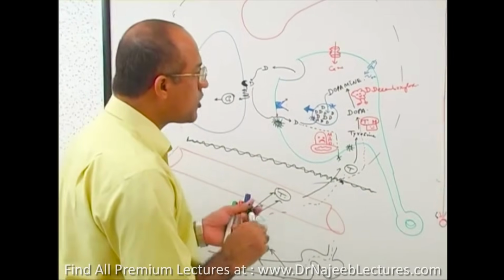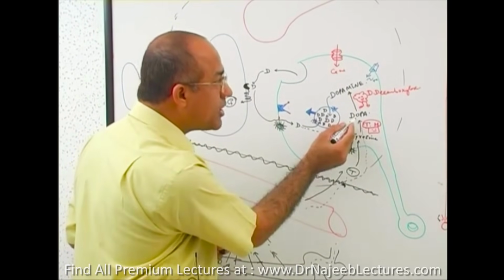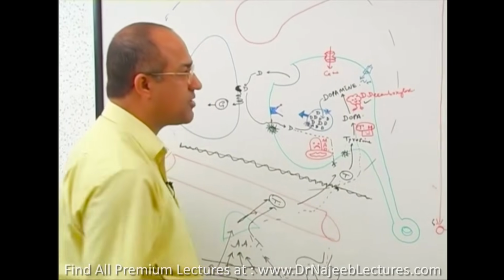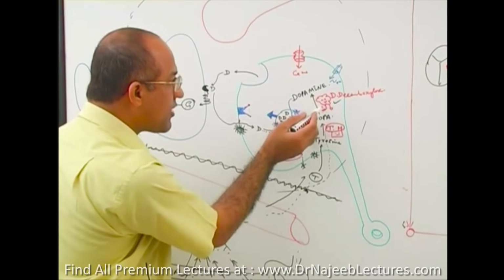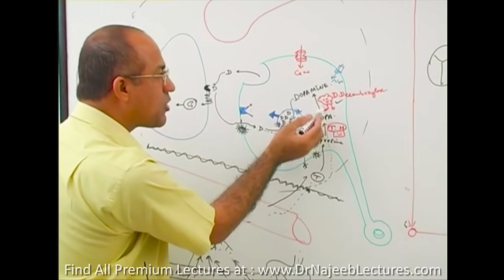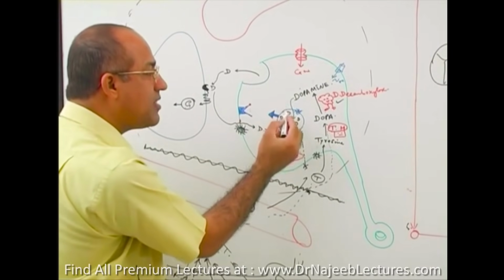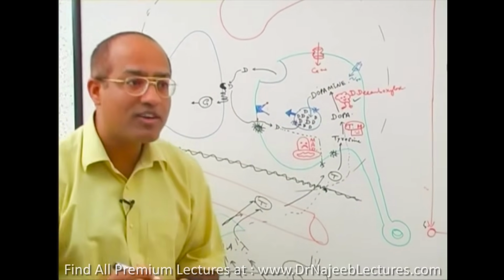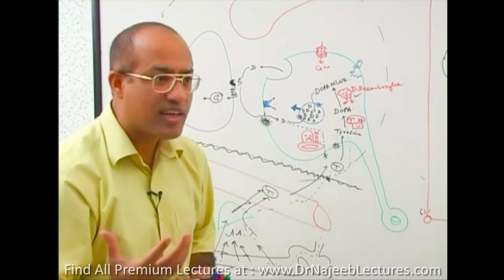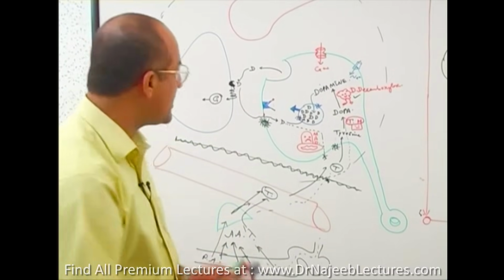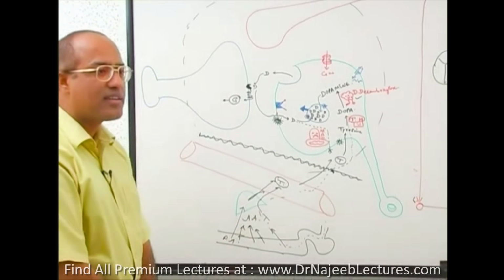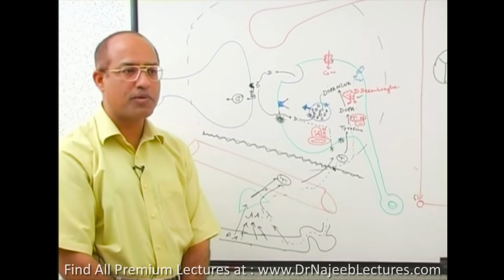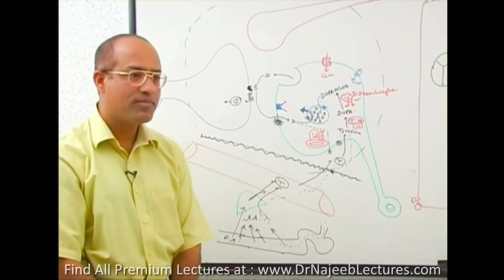And this levodopa will be acted upon by this enzyme. What is the name of this enzyme? Dopa decarboxylase. So this will rapidly convert the levodopa into dopamine, and the remaining neuronal terminals will synthesize an excessive amount of dopamine, and then release it so that they can make up for the loss of dopamine by the degenerated neurons.